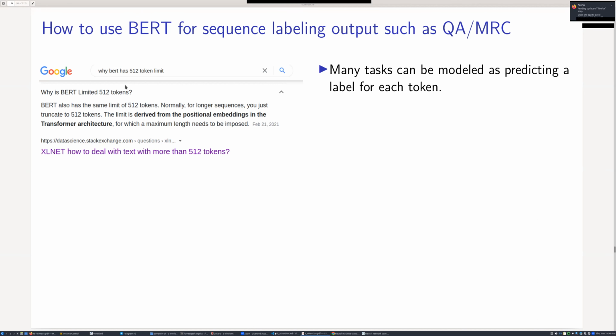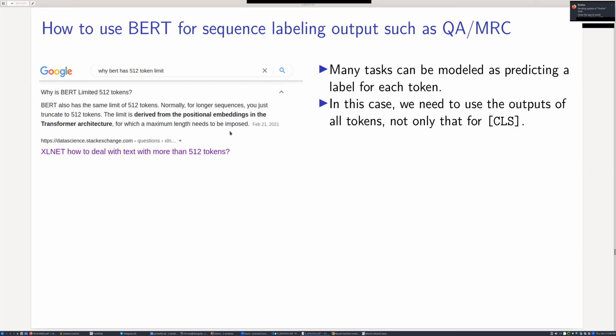So for example, here I ask Google a question, why does BERT have a 512 token limit? And Google highlights the answer. It says the limit derives from the positional embedding in the transformer architecture, for which the maximum length needs to be imposed. So how do we do that?